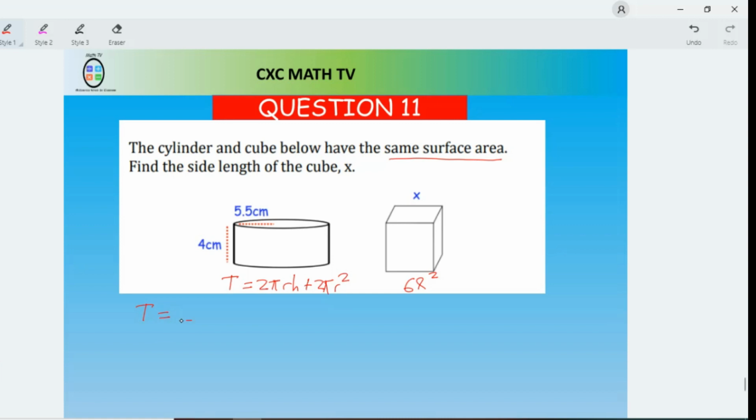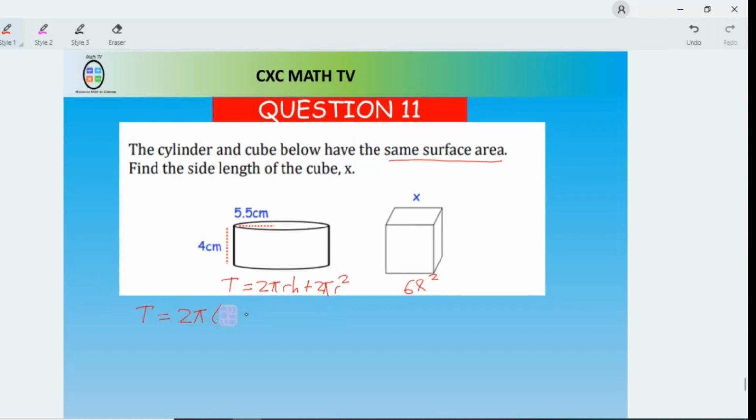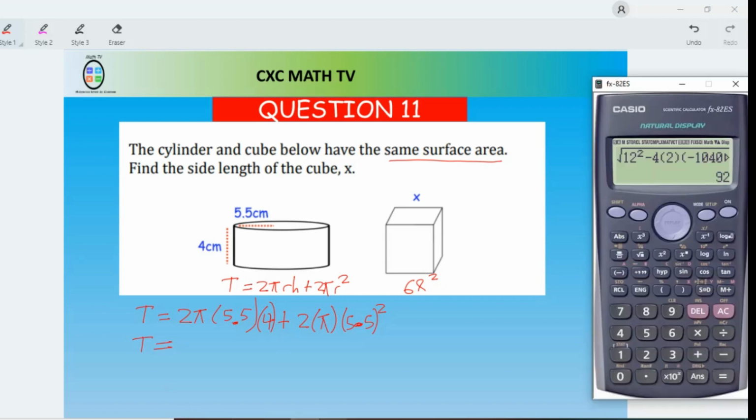So the total surface area would be 2 pi times the radius 5.5 times the height, which is 4, plus 2 pi times the radius being 5.5 squared. Then we'll put this in our calculator to get the total surface area.